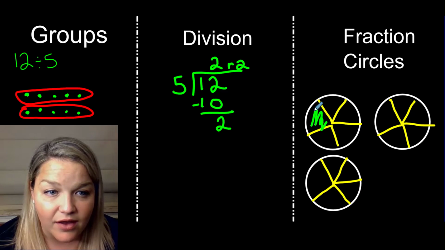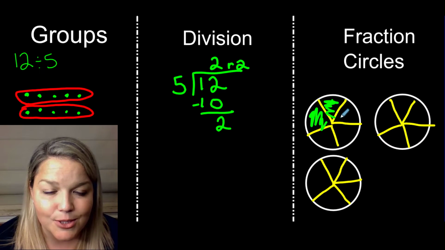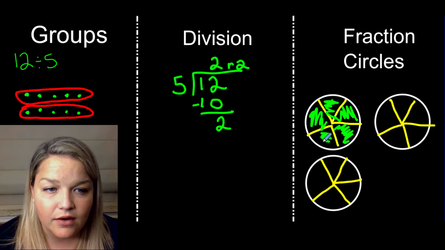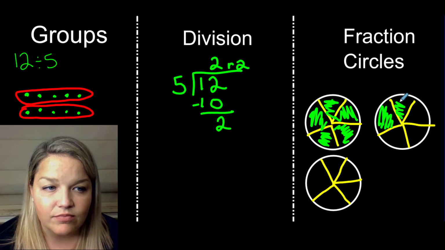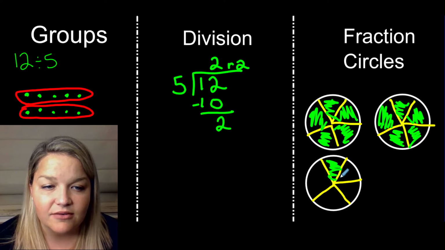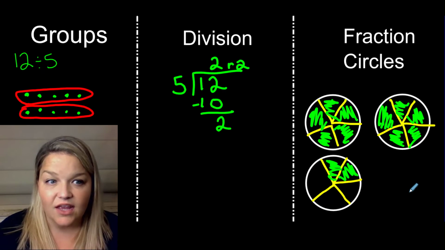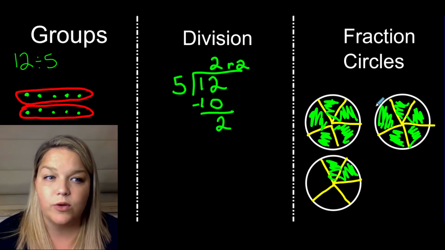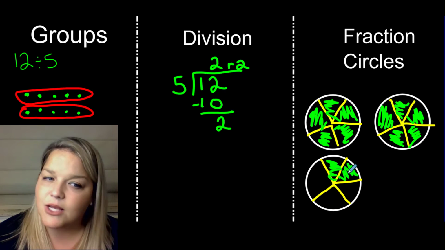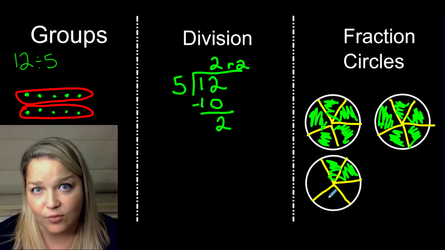So you've got 1, 2, 3, 4, 5, 6, 7, 8, 9, 10, 11, 12. All right, so here you can see you were able to create 2 entire groups of 5, and then you had 2 left over that you couldn't quite make that entire group of 5.